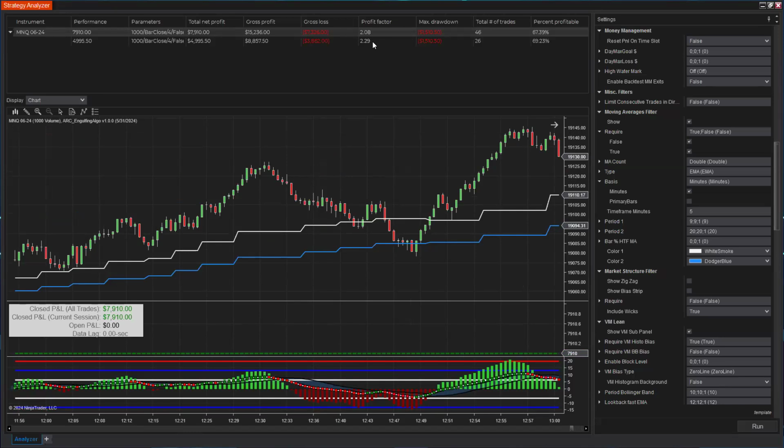So profit factor did go up a little bit. Drawdown did not, and we lost 20 trades and some profit. So it wasn't anything spectacular.